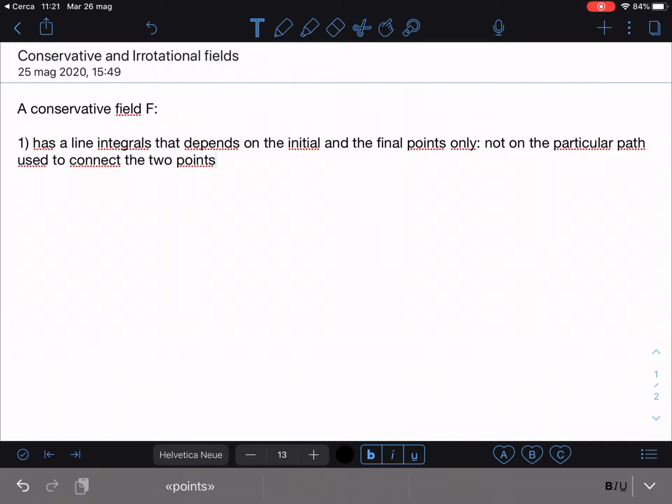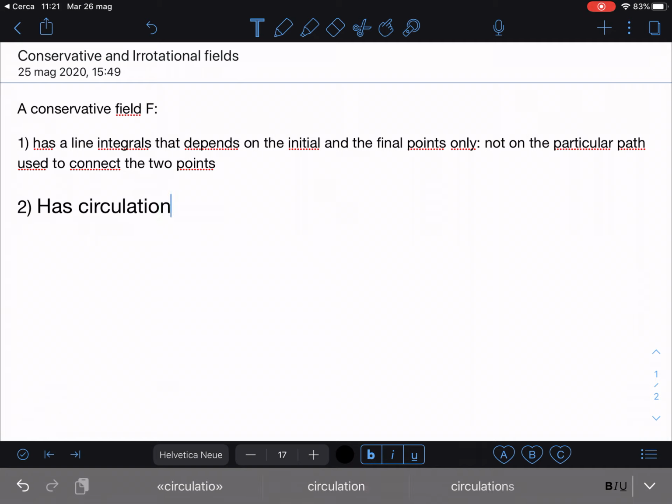Perhaps it is too small, so let me try to make it larger. The second is that it has circulation always equal to 0.